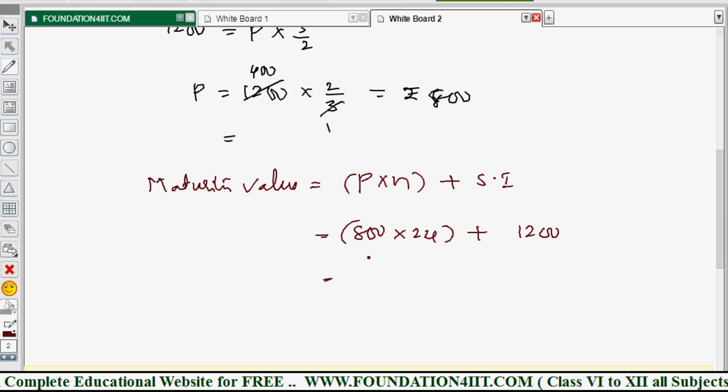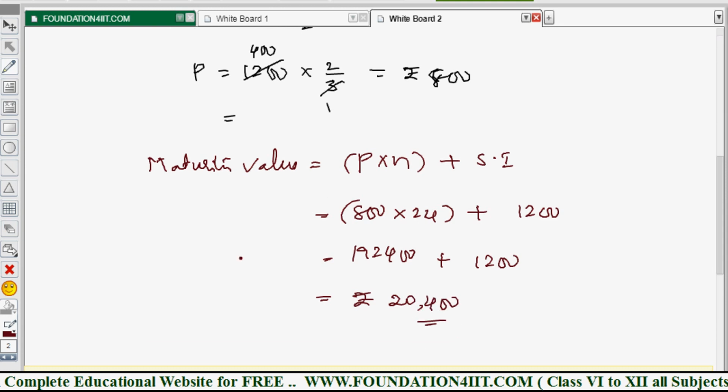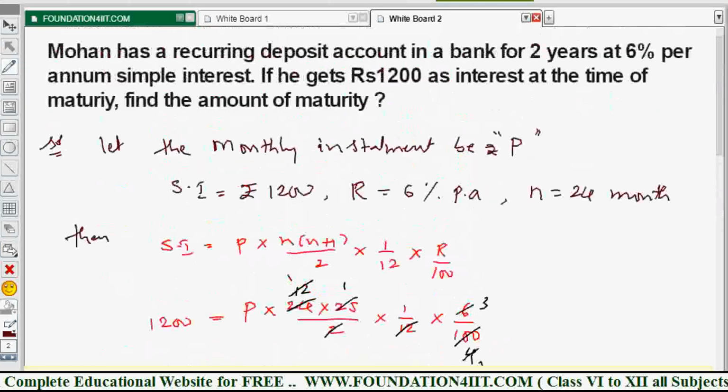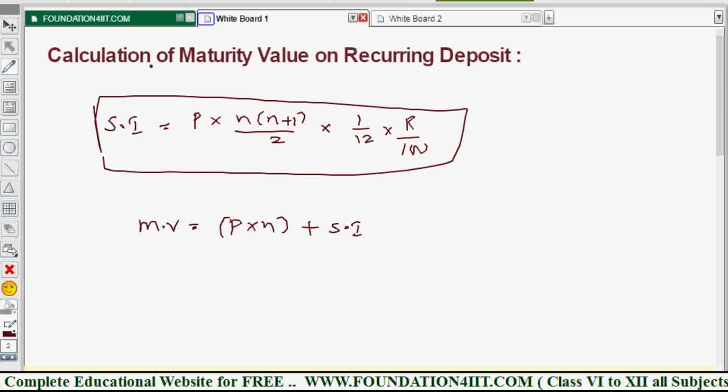So 800 into 24 is 19,200, plus 1200. Just add both: 20,400. Right? This is the maturity value. So whenever we need to find this, just take the same formula and apply. Okay, this topic is how to calculate the maturity value on a recurring deposit.